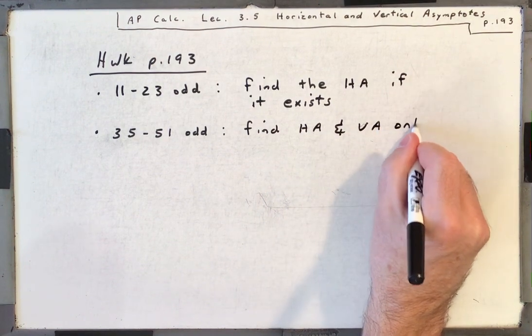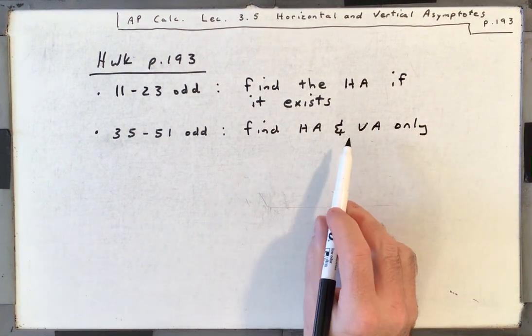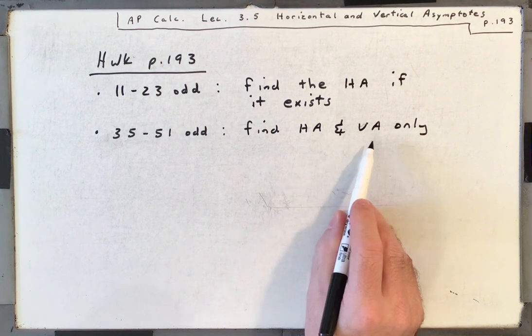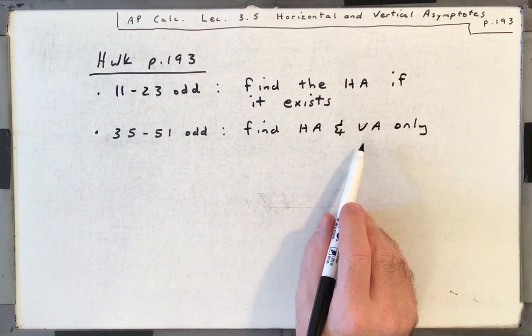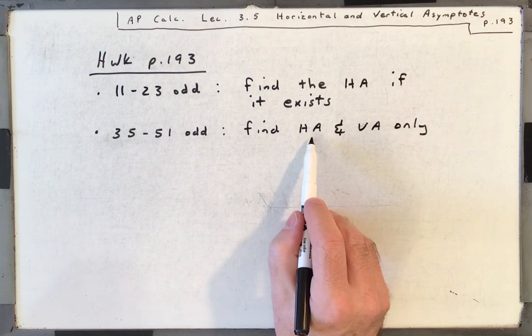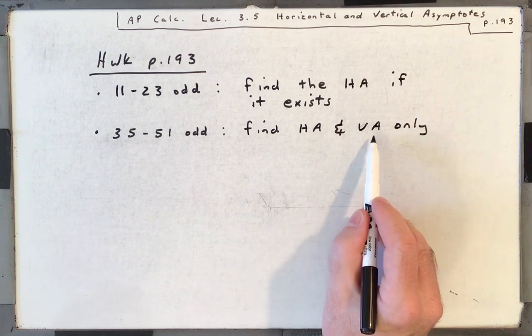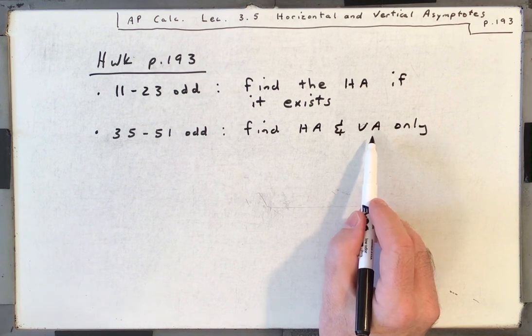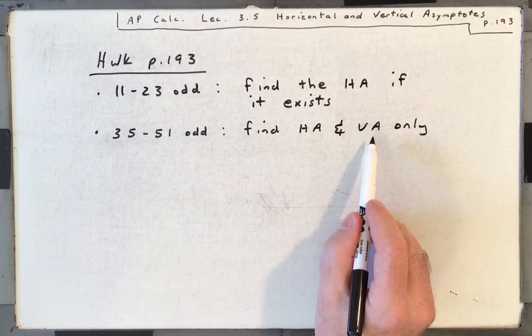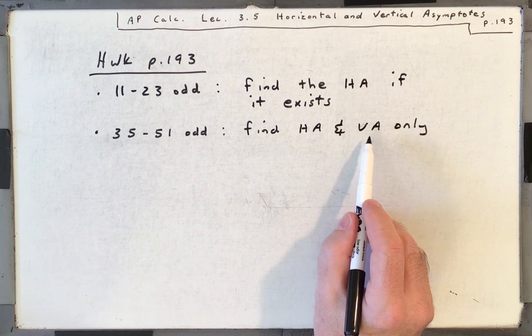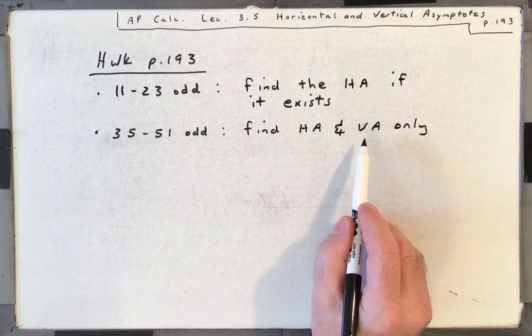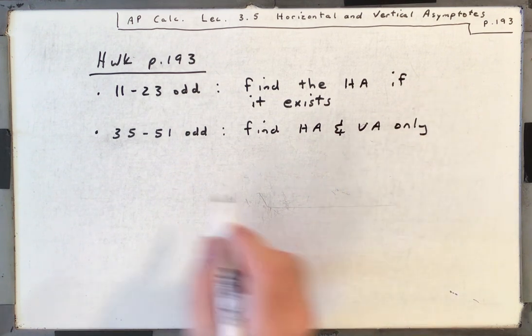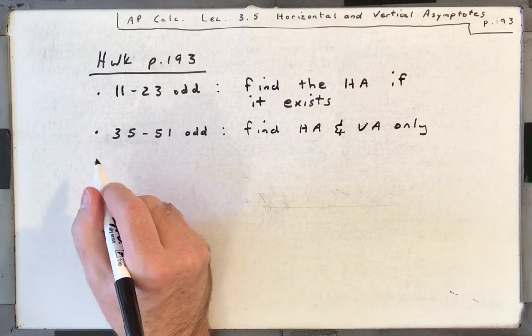The back of the book should have this graphed, and then you can look at it and tell where the horizontal and vertical asymptotes are. But take the limit as x approaches infinity to find the horizontal asymptote, and then do what we just did to find the vertical asymptote, where you see where the zeros are in the denominator. That's 35 through 51 odd, and then I want you to do 67.